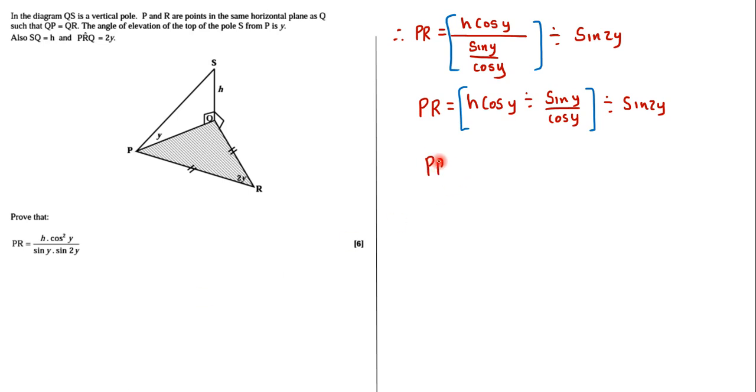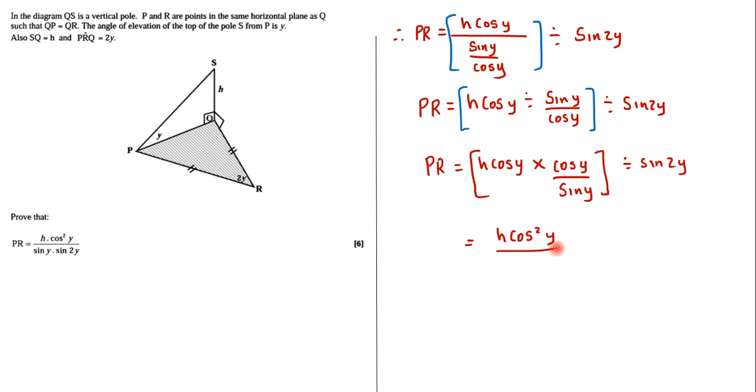If I'm continuing with this, I'll have h cos y, then I'll change divide into multiply and swap the second fraction, over sine y. Remember, this is still one thing, and I still keep that one as it is. Then here, multiply this with that. It gives me h cos squared y over sine y.